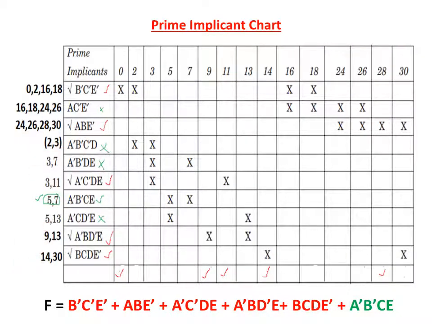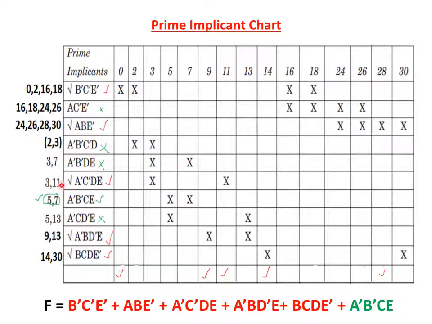Then coming under these combinations, 13 is covered with this combination, only 5 is left. And here in this combination 3, 7, 3 is covered with this combination, and 7 is uncovered.